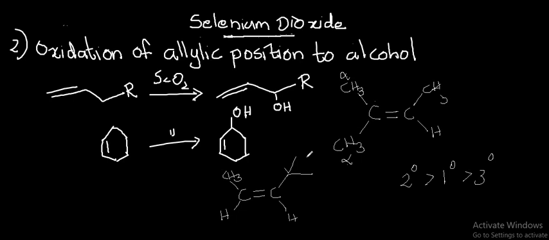Then the third rule: if the first and second rules are in contrary, the first rule will be preferred. For example, consider CH3, CH3, double bond, hydrogen, CH2, CH3. In this case, this carbon is substituted by two CH3 groups and here one CH2 CH3 group.